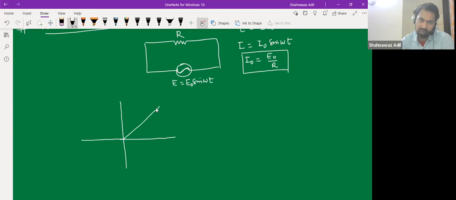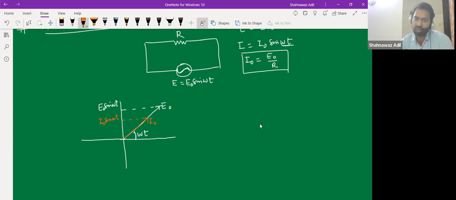This was the voltage, and the angle is the same. So the current angle was the same, again omega t, but the current has a lower magnitude. This was I naught, and this was equal to I naught sine omega t.